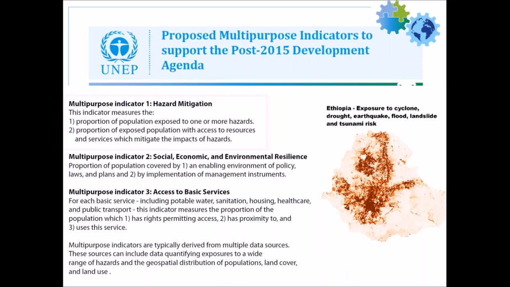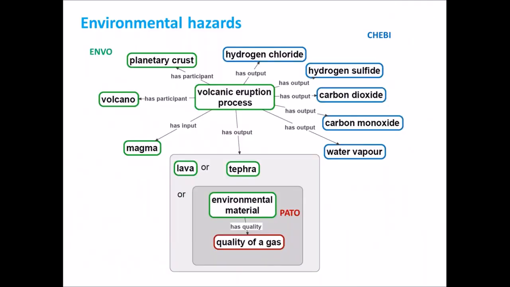If we even just take the first one, mitigating hazard impacts, there is a whole set of hazards out there: droughts, cyclones, volcanoes, earthquakes, tsunamis, etc. All of those entities, in order for a machine to understand how to mitigate these hazards, should be somehow exposed to that machine: what they mean, what the dangerous parts are, what processes they come from. And in ENVO and other ontologies, we can put it together to build a sort of explainer, a naive physics for a machine to understand one or more of these hazards.